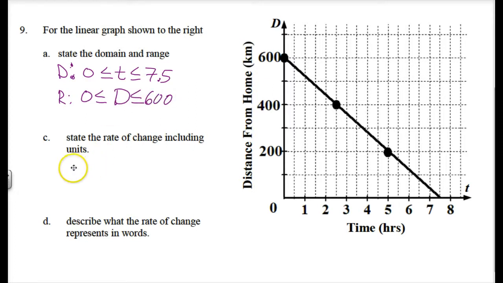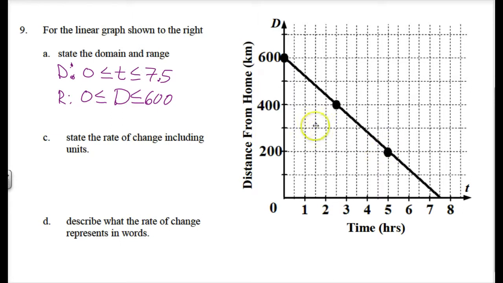State the rate of change, including units. So the rate of change, what's happening? Pick 2 points. You can see these are obviously points. So we go 200 kilometers in 2.5 hours.